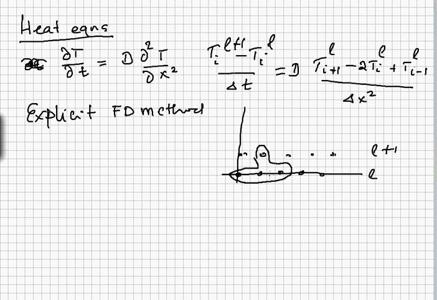We basically use previous values to compute my Ti^(l+1), and we also introduced another notation where I can call Ti^(l+1) simply Ti and Ti^l as Pti. Under that notation, I could write this as (Ti minus Pti) divided by delta t is equal to D times the Pti+1 terms, everything in previous time. So these are the two notations we used, and they are interchangeable.